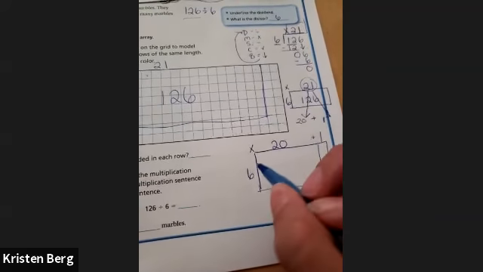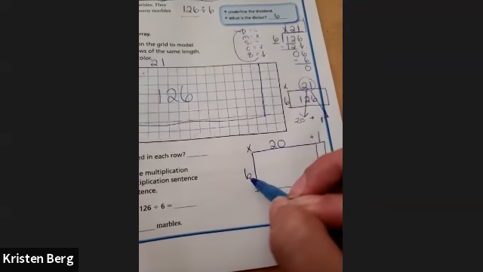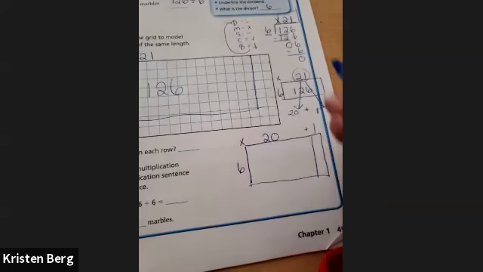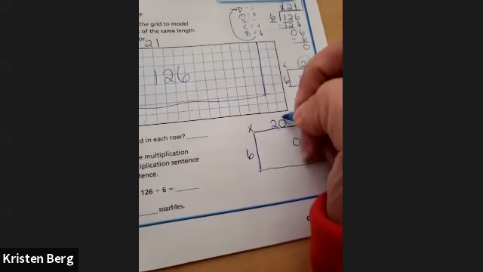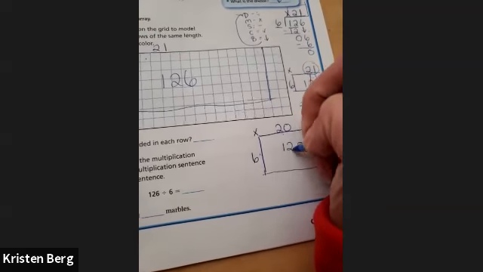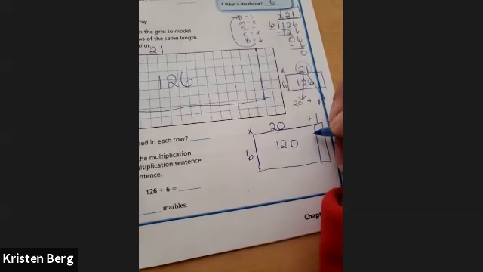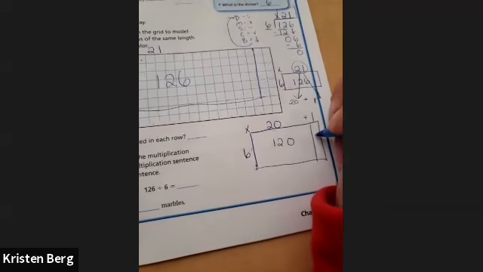So what they wanted you to see after you split that up, that you would have done 6 times 20, which is 120 at the end. And then 2 times 6 is what you're left with, which is 12. And then here you would do 1 times 6, which is 6.